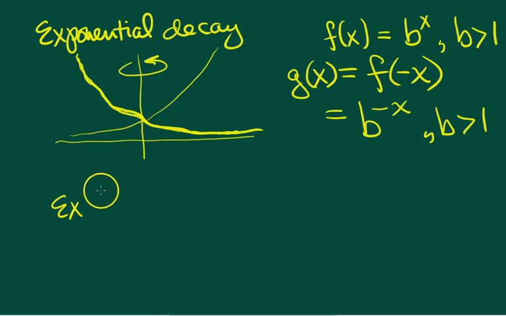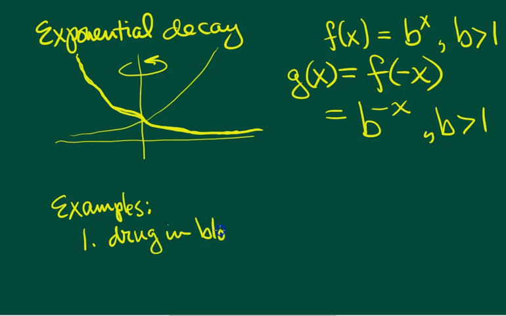Examples of exponential decay include a drug in the bloodstream fading away, radioactive decay.